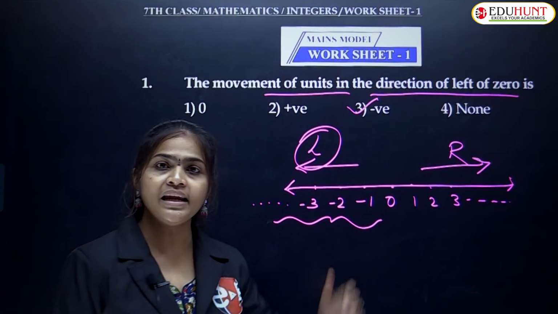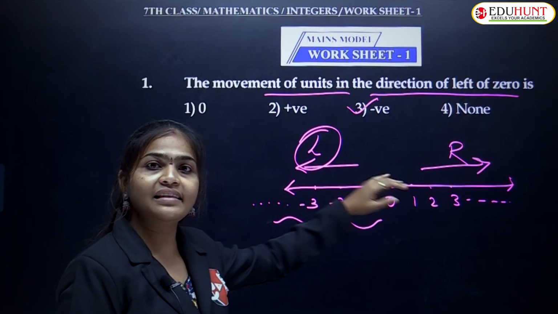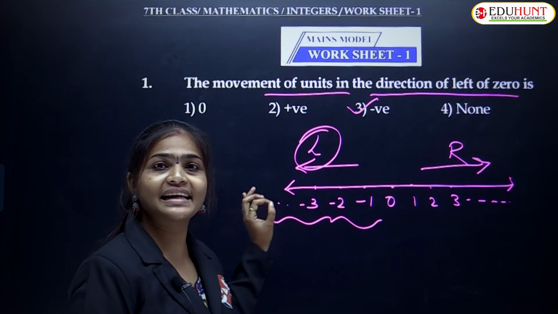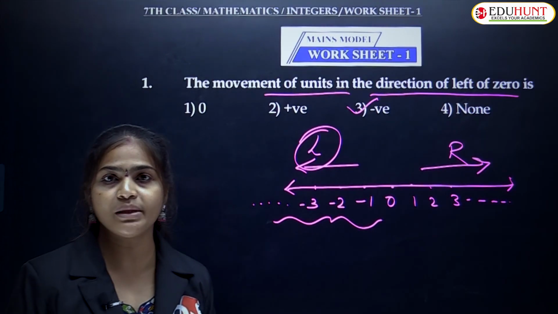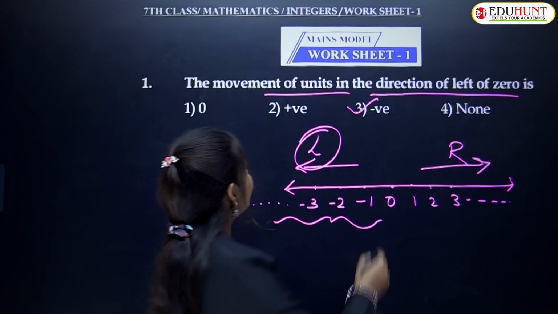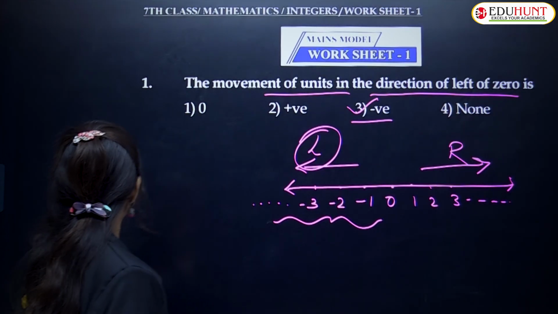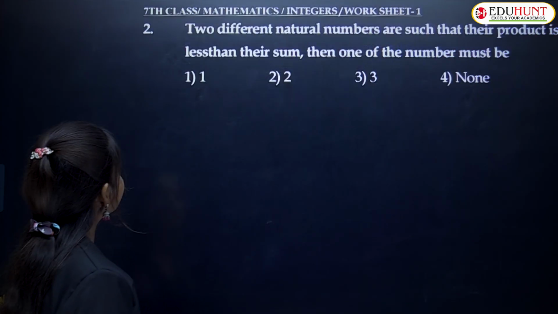And while we are moving from right side to left side, the number value will be in decreasing order. Understand? So which option is correct here? Option 3, that is negative. Clear?